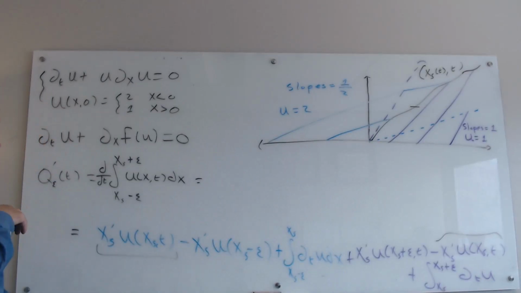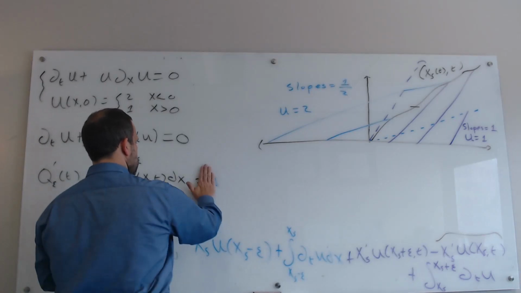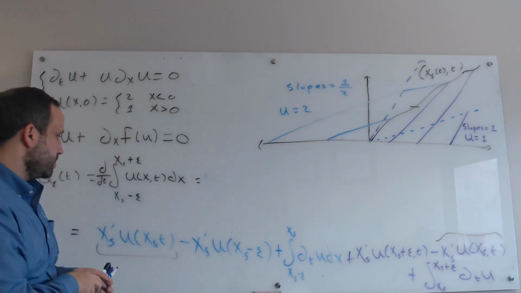So we'll have the blue part. We're going to have xs prime. Well, xs prime is on both of them. Sorry, I'm trying to color code this as best as I can.